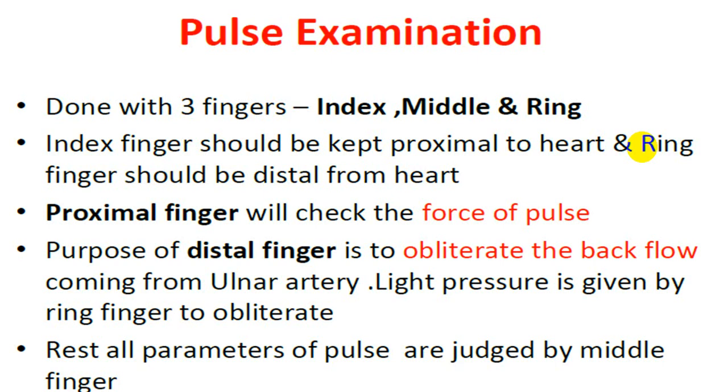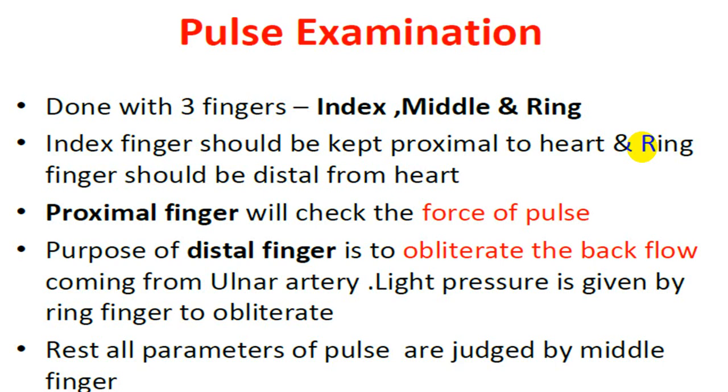Now while examining a pulse, there are different techniques. We call them the 3-finger technique, 2-finger technique, and single finger technique. Best is the 3-finger technique. We use 3 fingers, that is the index finger, middle finger and ring finger. These 3 fingers are kept proximal to the heart. So the index finger will be pointing proximal to the heart.